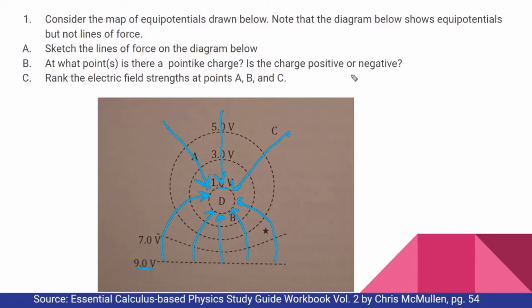At what point or points is there a point-like charge? Is the charge positive or negative? Well, from sketching the lines of force in part A, we can see that all of the force lines are converging at a point around D. Because they are all converging towards D, this means that point D is a negative point charge.